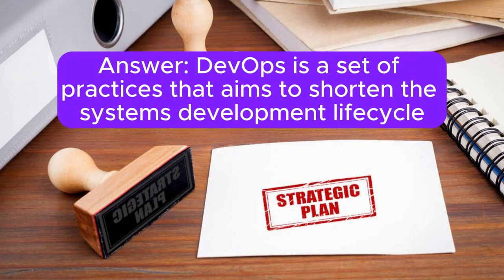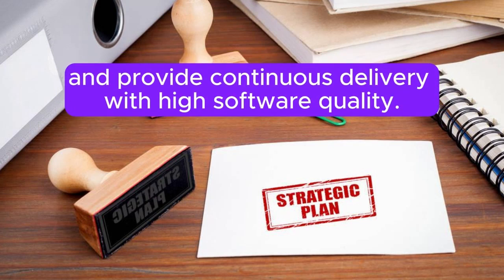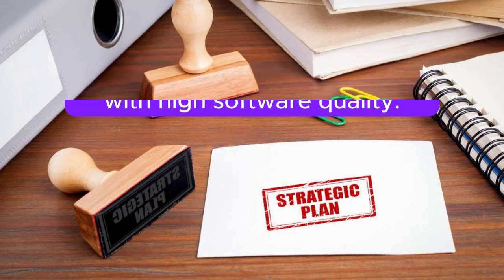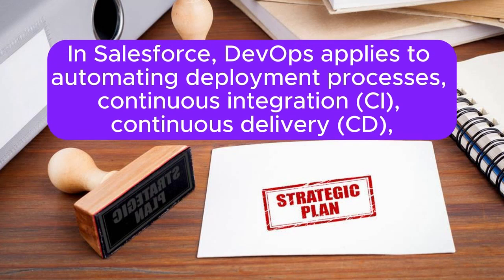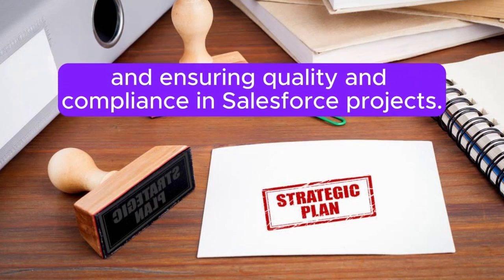Answer: DevOps is a set of practices that aims to shorten the system's development lifecycle and provide continuous delivery with high software quality. In Salesforce, DevOps applies to automating deployment processes, continuous integration (CI), continuous delivery (CD), and ensuring quality and compliance in Salesforce projects.